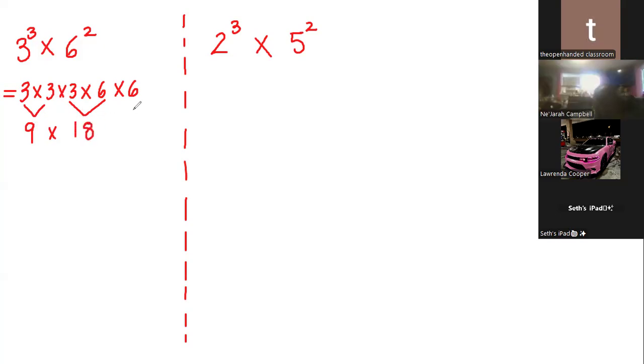And we bring down the 6. So the first thing we do is 3 times 3, which gives us 9. We do 3 times 6, which gives us 18, and we bring down the 6.